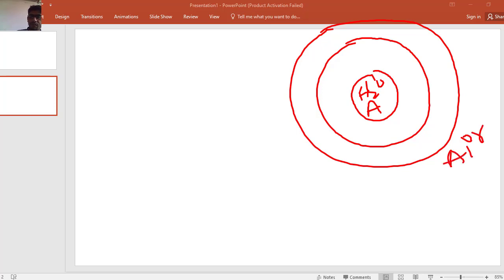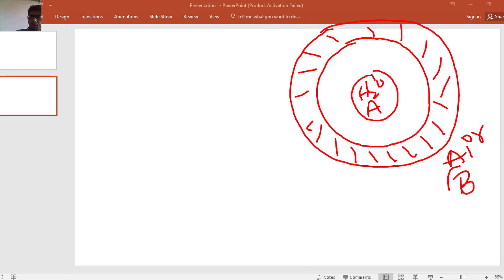The air is stationary. This is the stationary layer of air molecules around the water droplet. The air is stationary and it is component B.